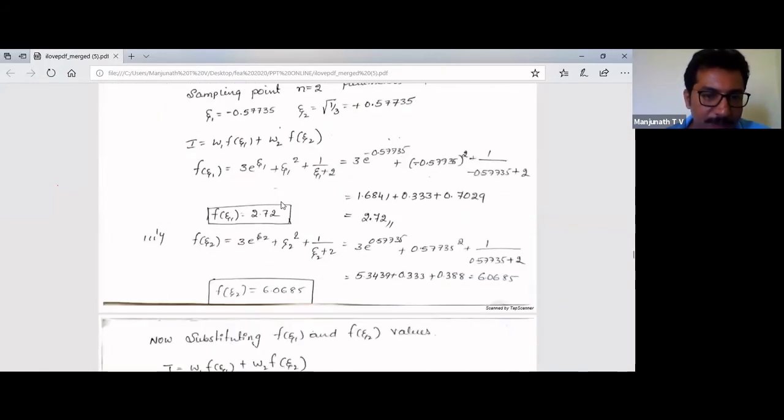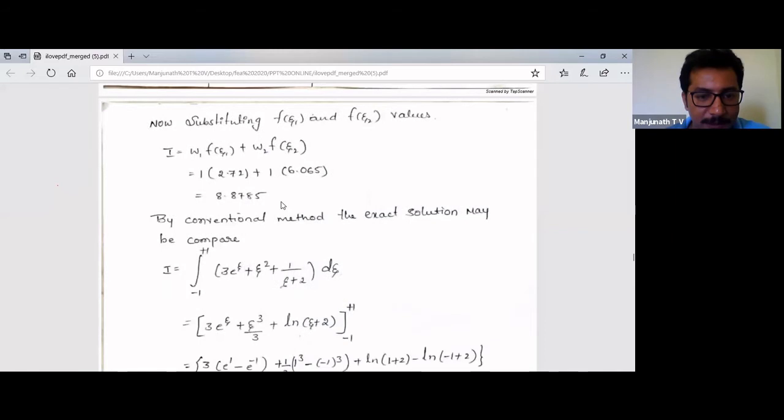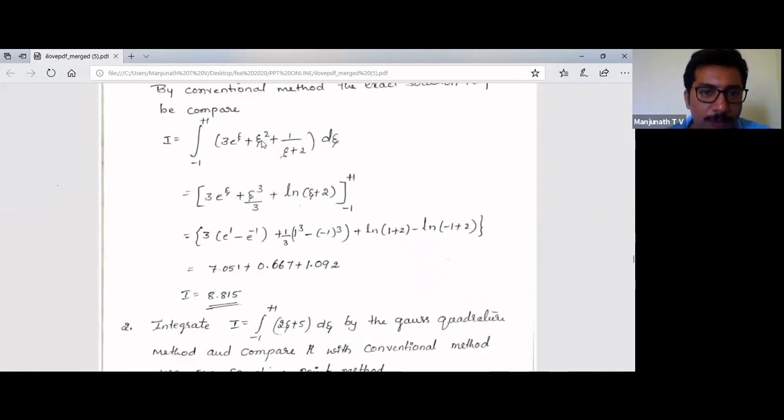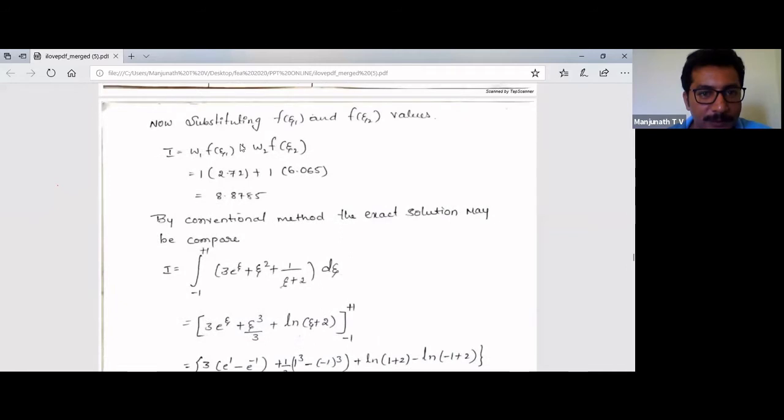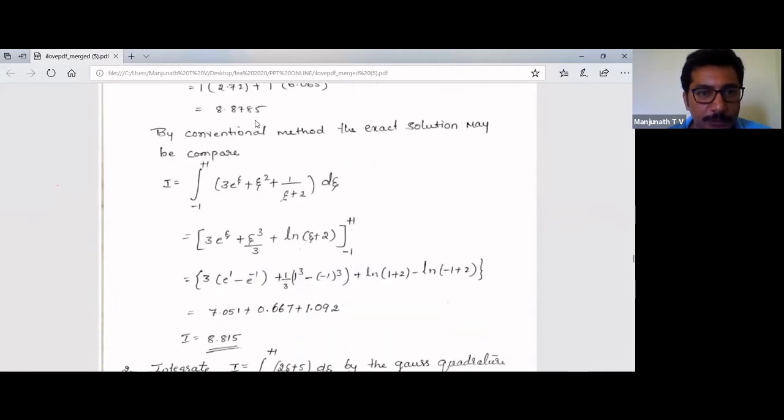You know how to do the integration as the variation takes place from -1 to +1. This is the direct integration method. From this we are going to check how much value we get, and compare it with the 1 point and 2 point sampling methods.